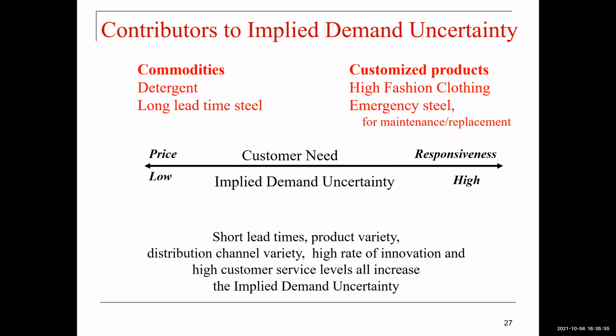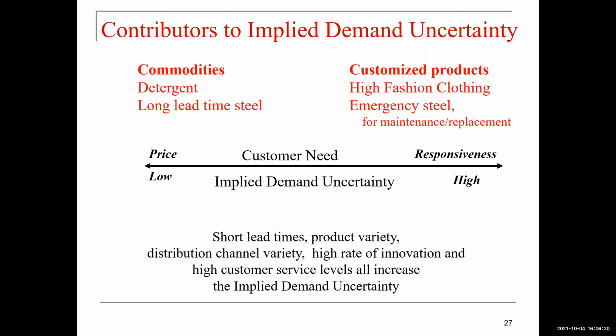So we need to understand the customer need in order to respond to those needs using our capabilities. What we are trying to illustrate here are both extremes in terms of the demand uncertainty, when it's low and when it's high, and the customer need.